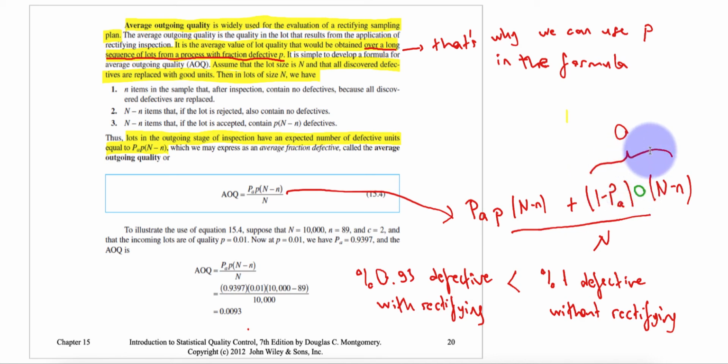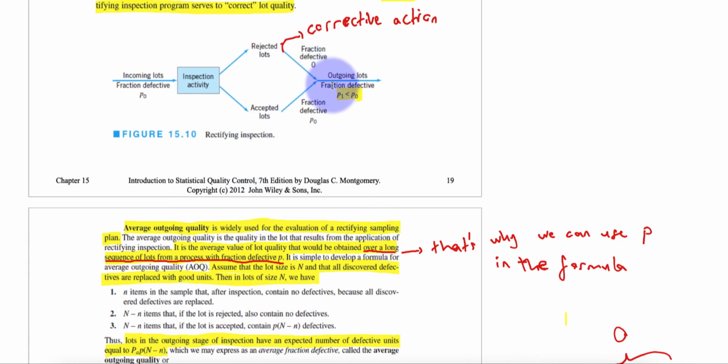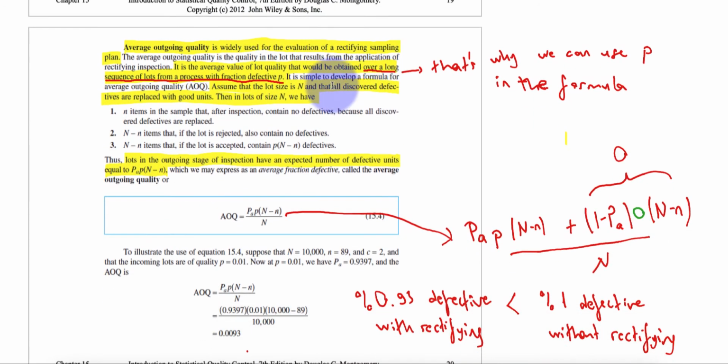Then that part will be 0. So also we are going to take this number of defectives in the lots, and we are going to divide it by the lot size, and that way we are going to calculate the average outgoing quality. So we are calculating this average outgoing quality on the outgoing lots. All right.